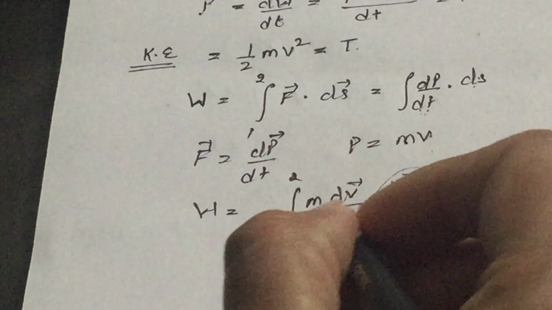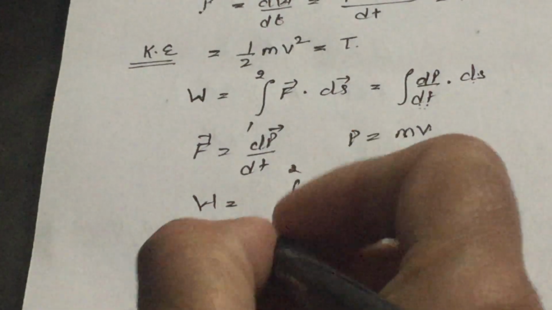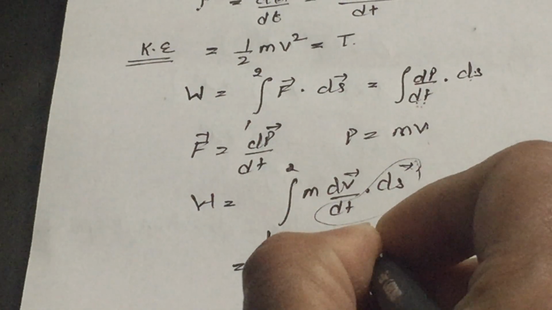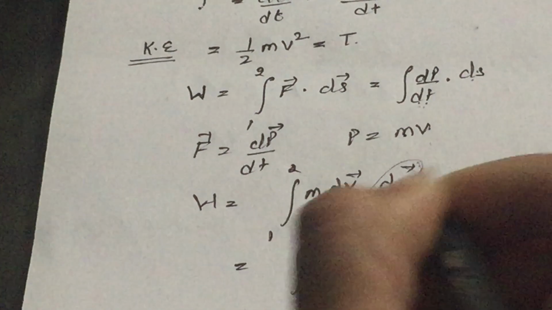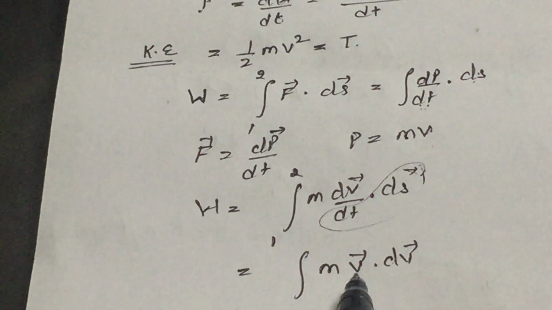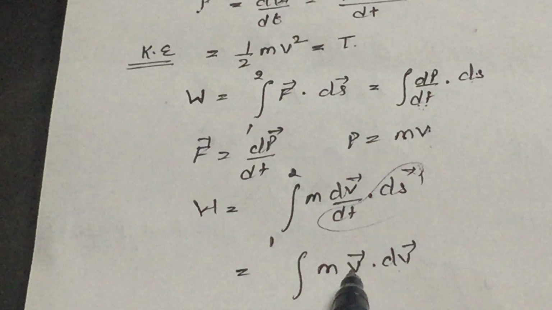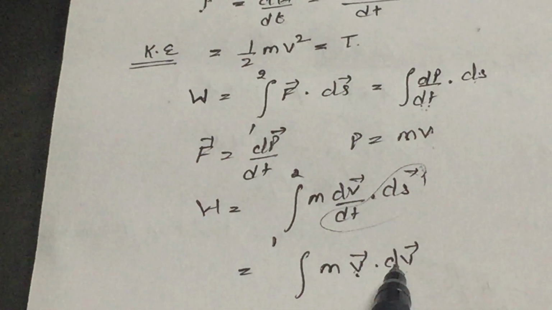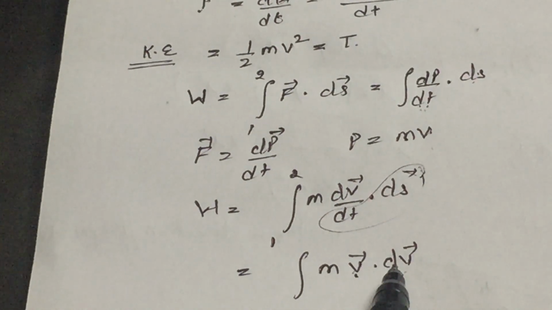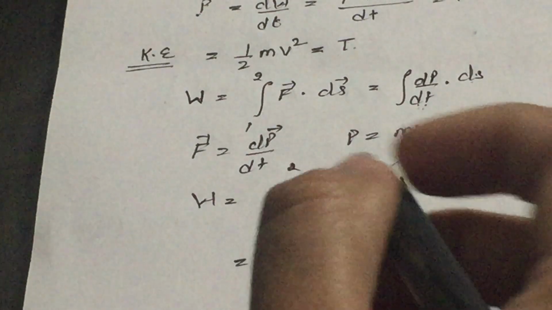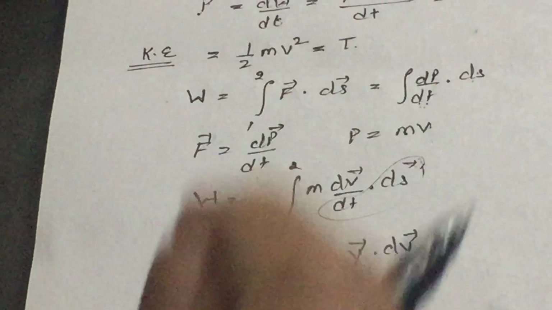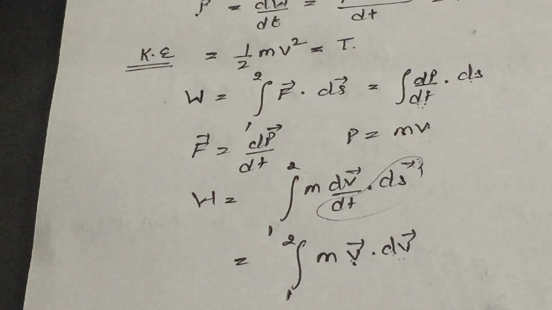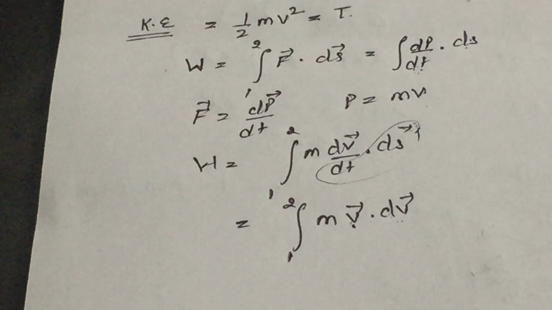Now ds upon dt, that is velocity, so you can put m v dot with dv, and we know that v dot dv is the magnitude of v, the magnitude of the change in velocity, and cosine of theta, from the initial position to the final position.